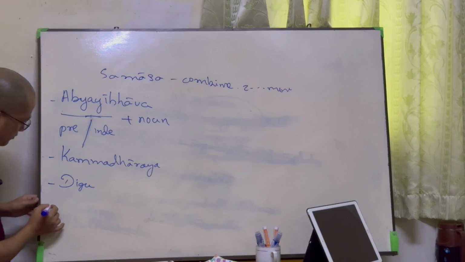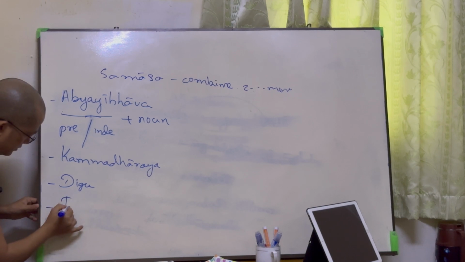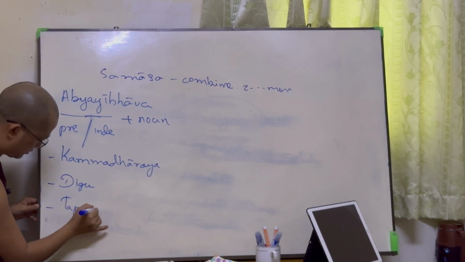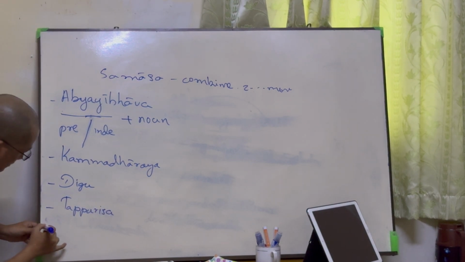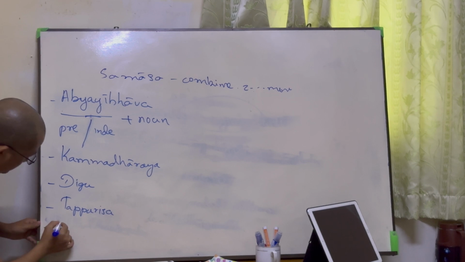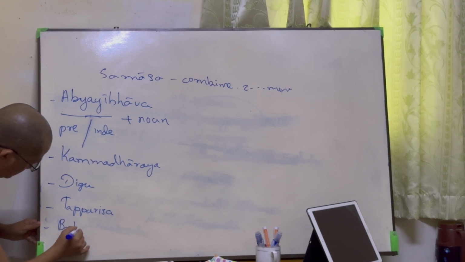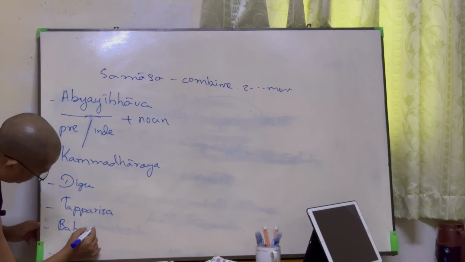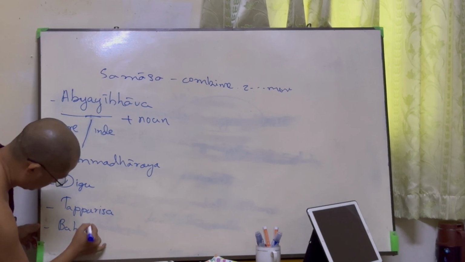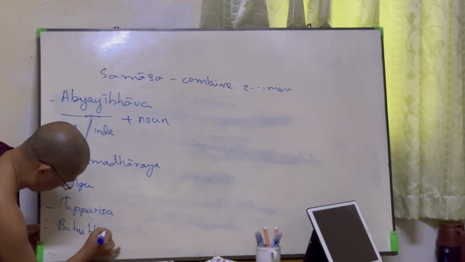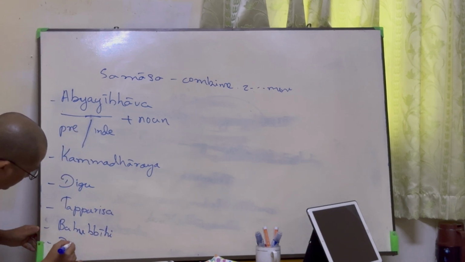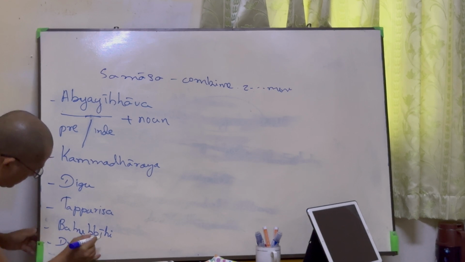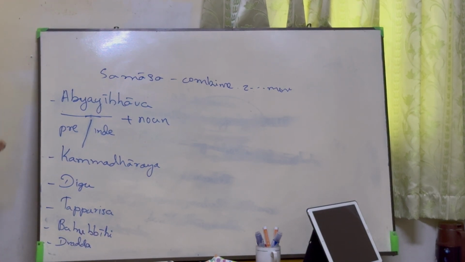Digu Samāsa, Tappurisa Samāsa, Bahubbihi Samāsa and Dvanda Samāsa. Firstly, we will study this Abhyayi Bhava Samāsa.